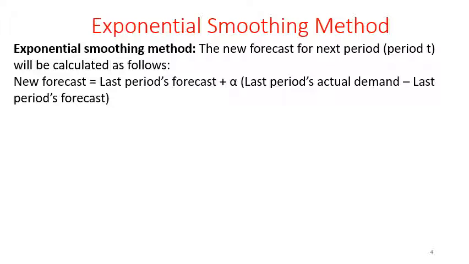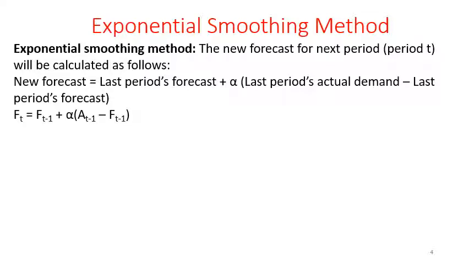For all forecast values, we'll denote it by capital F. For the actual data or the actual demand, we'll denote it by capital A. For the current time period, we'll use small t, and for the previous time period, t minus 1.